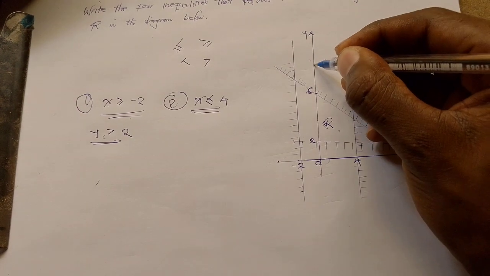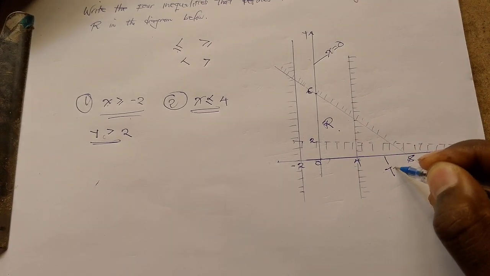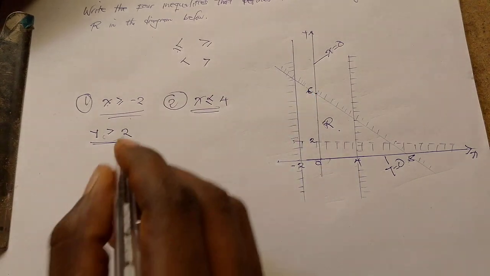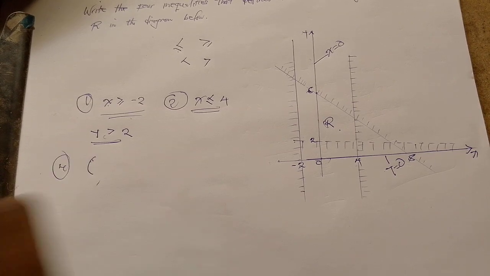So here x is equal to 0, then here y is equal to 0. So we have positive 6. We'll say open bracket, so this is the fourth one.